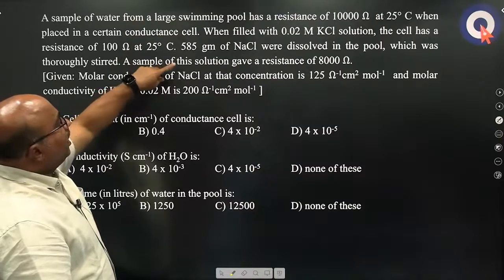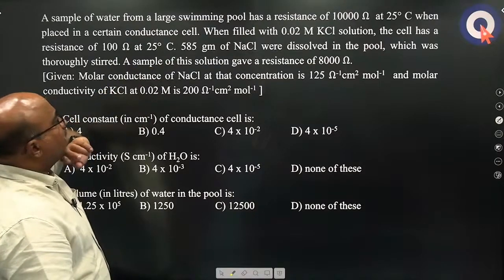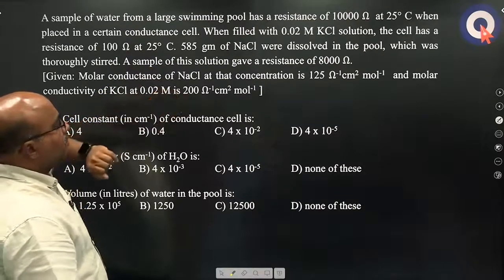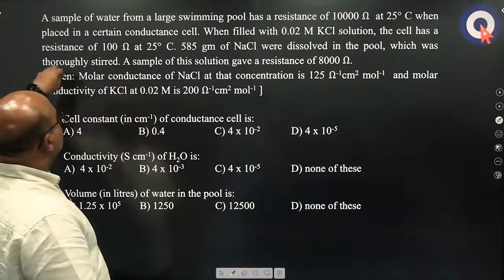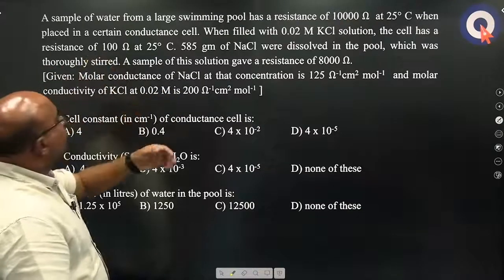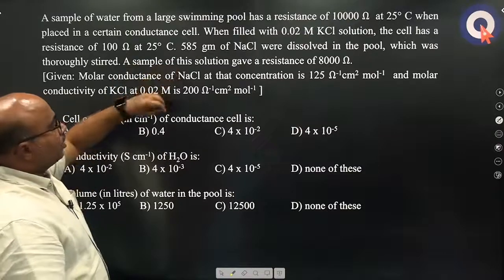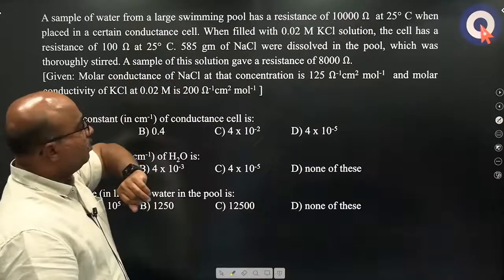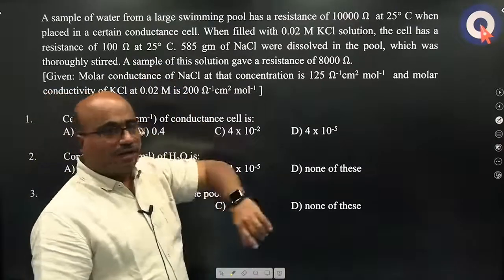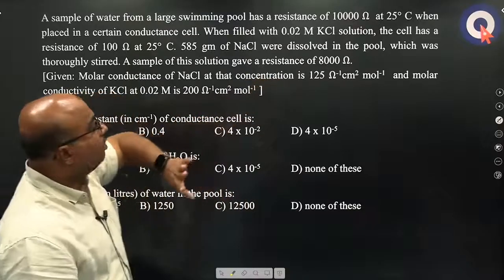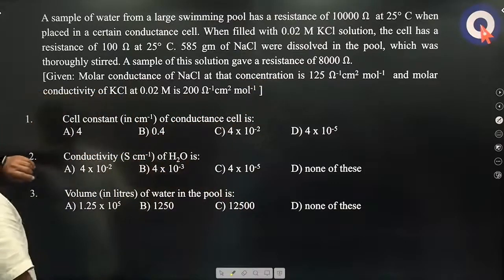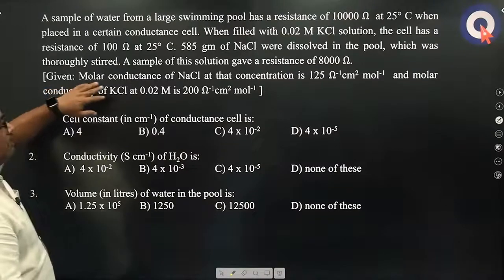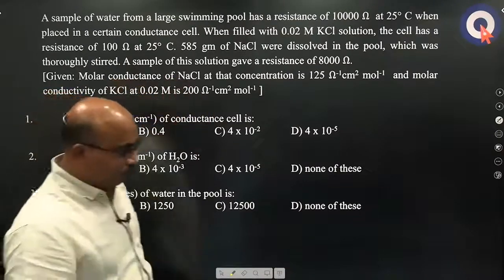Then 585 grams of NaCl is dissolved in the pool and stirred completely, and a sample of that solution is taken and kept in the same conductivity cell. It is showing a resistance of again 8000. And given that, what is the molar conductivity of this?